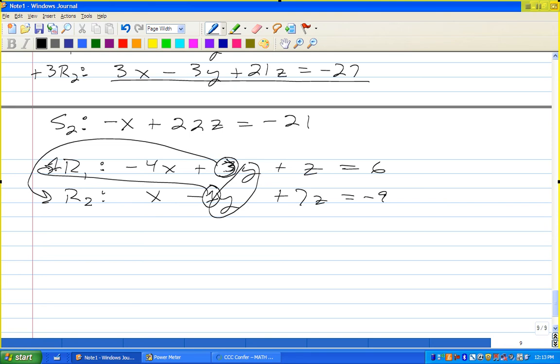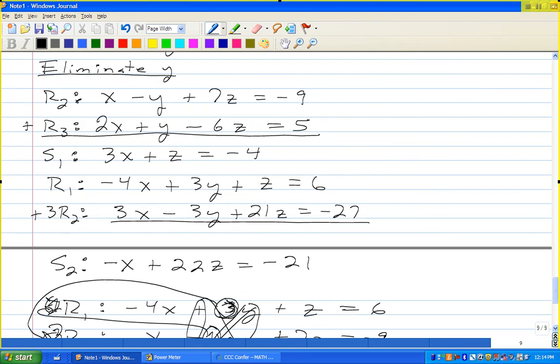This was a 3, so I multiply this guy by 3. Because if you do that, I multiply 1 times 3 and 3 times 1, so that means these guys are going to be eliminated, so long as these signs are opposite. And that's what I did.